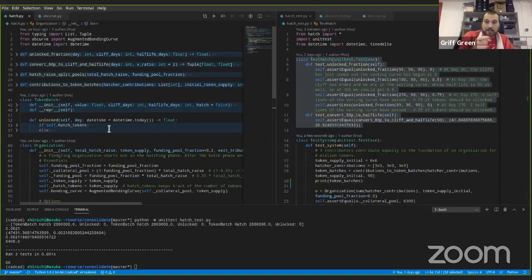I think this is actually really useful for the front end team to take. They're not going to want to interact with cadCAD. They're probably going to want to convert it to JavaScript. Actually, I don't know if they need to display any of this other than the hatch raise and that stuff.